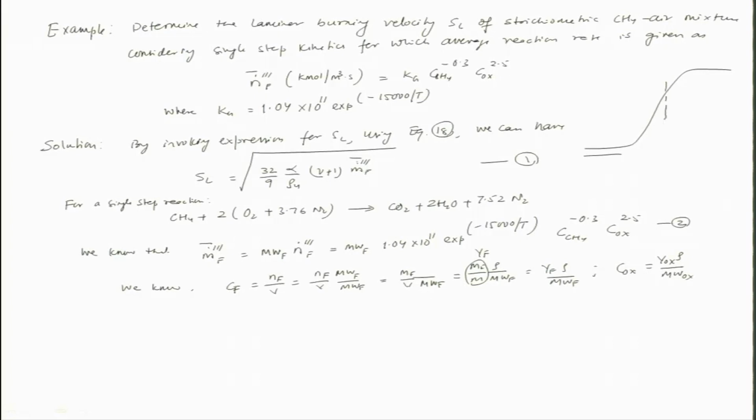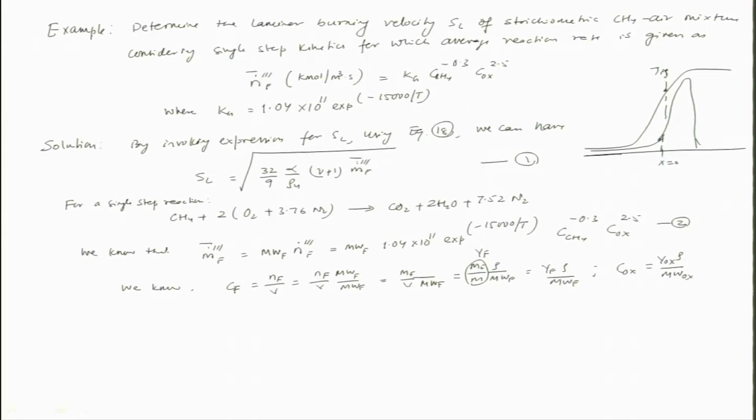If I say my x is 0 and this corresponds to T ignition, this is my reaction rate. So, kind of thing. So, naturally what will happen, here my temperature will be T ignition.